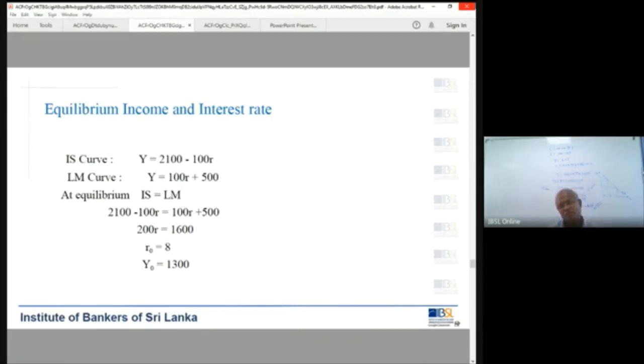What does that mean? General equilibrium means both the goods market and the money market are in equilibrium at this interest rate and this level of income. Or you can say both the real sector and the monetary sector are in equilibrium. The interest rate is 8%, and GDP is 1,300.